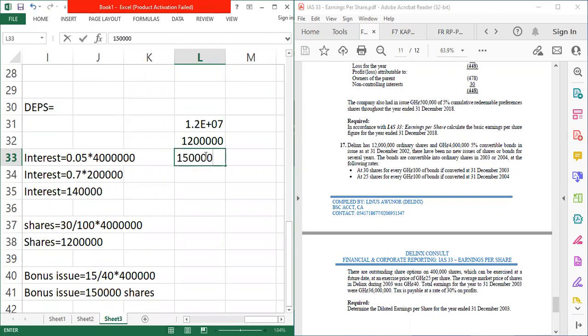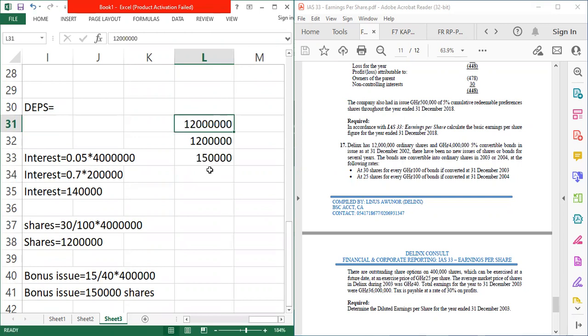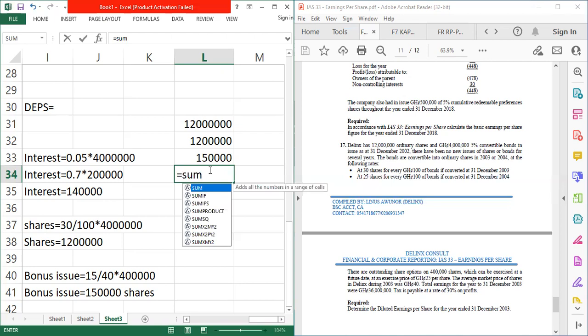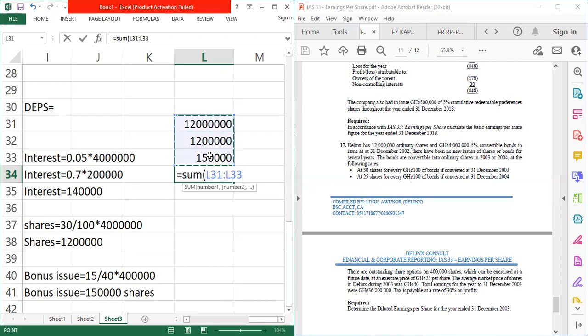So what will be the total value of the shares now? 13,350,000.